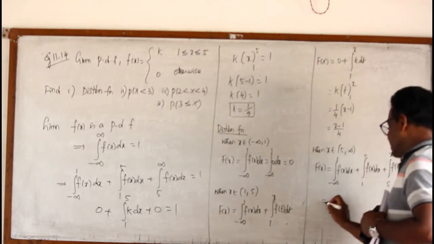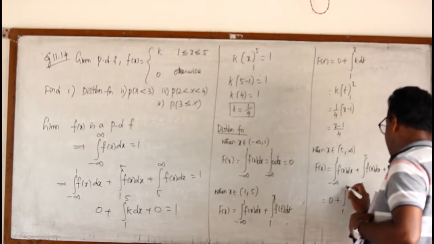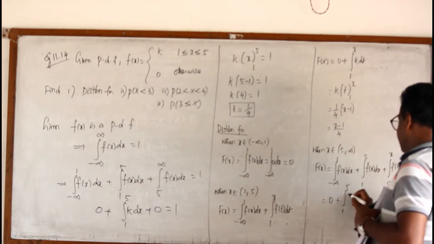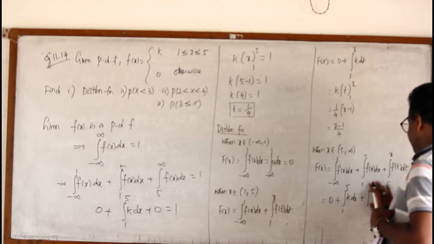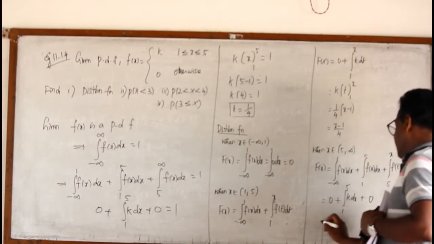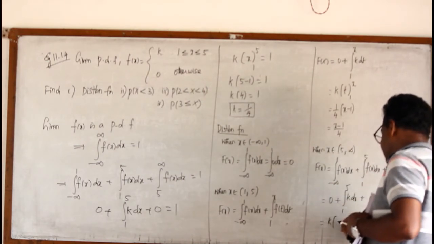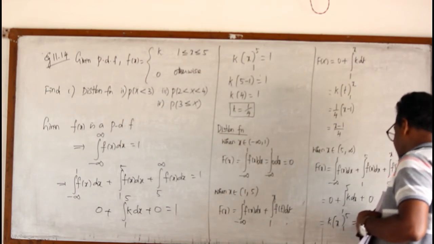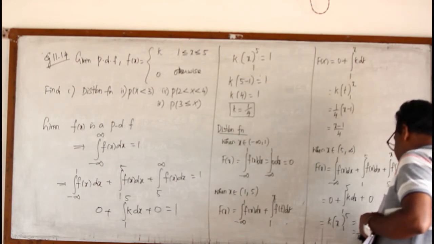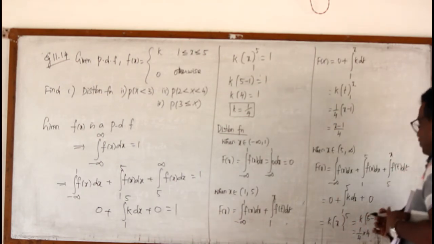The first doesn't exist, so 0. From 1 to 5, f of x is k dx. And from 5 to infinity it also doesn't exist, so 0. k into the integration of dx is x from 1 to 5. So k into 5 minus 1, that is 1 by 4 into 4, and the value is 1.